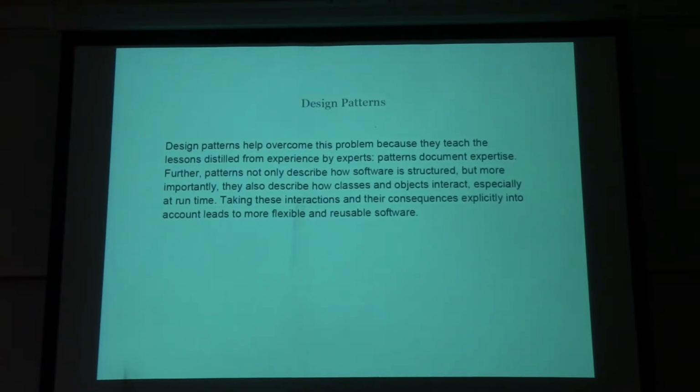When we're talking about statically creating classes, that's the static view of the classes: here's a class, here's a subclass, here's some methods. You're looking at structure and class. Dynamic is how they are executing or interacting at runtime. Taking these interactions and consequences into account in our design leads to a more flexible and reusable software design.